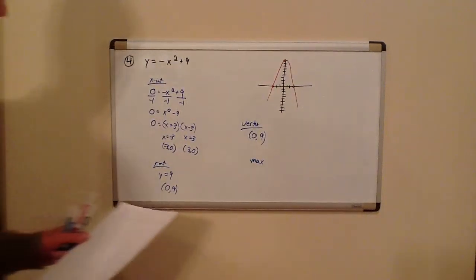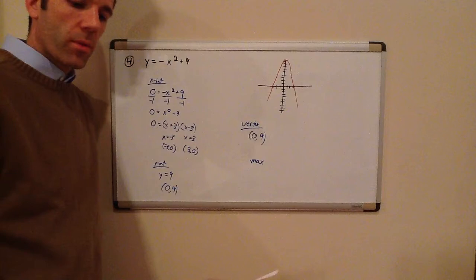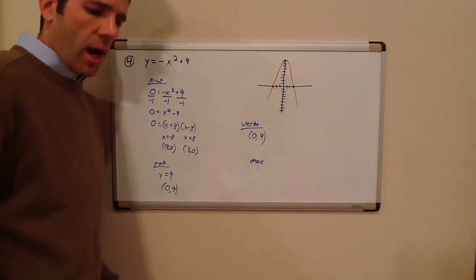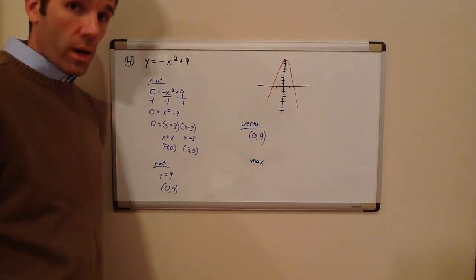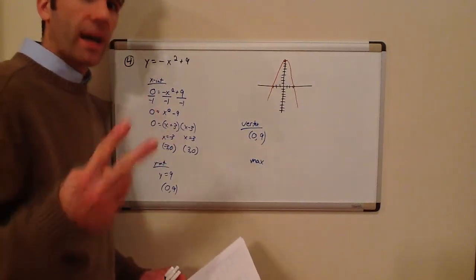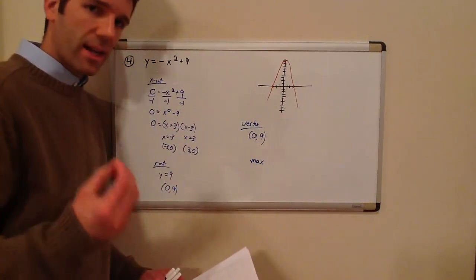Okay, let me scan through and show you a couple other brief things. I don't think I'm going to do any more, but I will give you a couple pointers on the next 2 or 3. Number 6, you are going to have only one x-intercept. You actually get 2 numbers, but they're the exact same. In the process of factoring and solving, you get the exact same number twice.